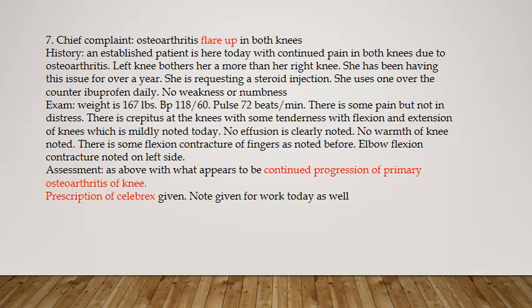He prescribed medicine, right? Prescription of Celebrex means prescription drug management. Prescription drug management comes under moderate. So in the problem table you got moderate, and in the risk table you got moderate, which means the MDM level is moderate. It is clearly mentioned in the history that it is an established patient. So an established patient with moderate MDM is 99214.